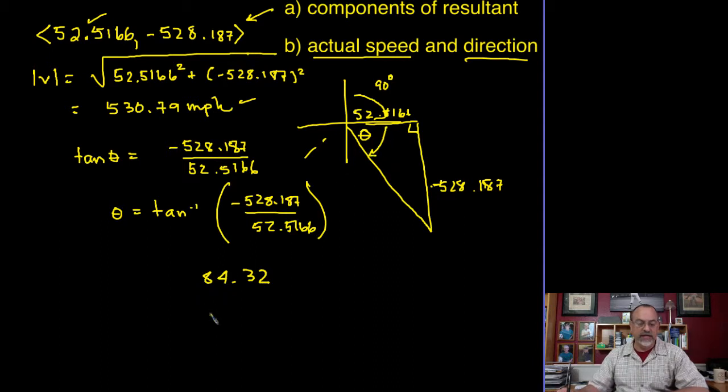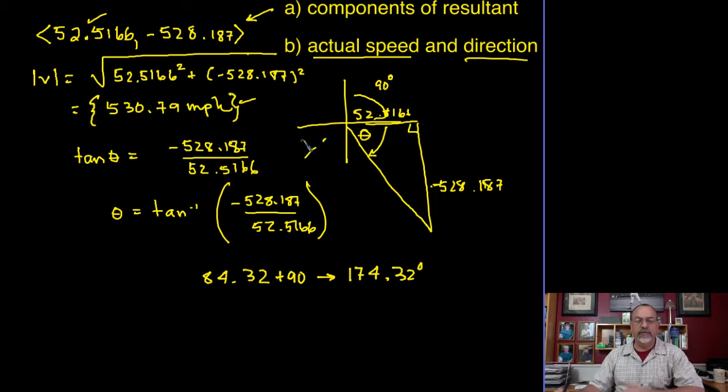And then we want to add to that an additional 90 so that we have the angle measured from due north. So if we add 90 to that, we get a direction angle of 174.32 degrees.